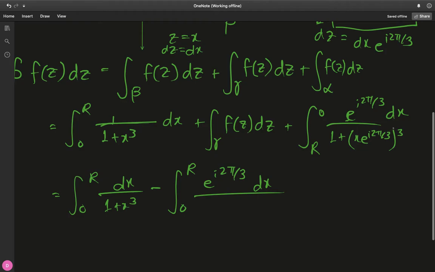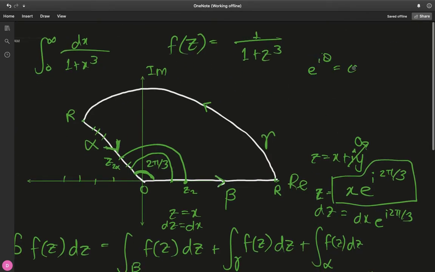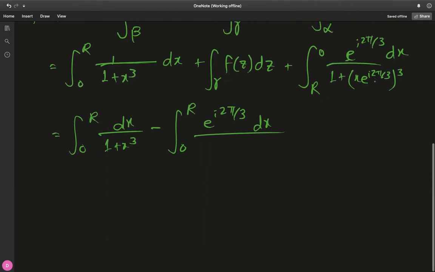The 3's will cancel out in the numerator and denominator, giving us e to the I 2 pi, which is 1, because e to the I theta is cosine theta plus I sine theta. When you let theta equal 2 pi, you have cosine 2 pi, which is 1, and sine 2 pi, which is 0. So you have 1, so 1 plus x cubed. Plus we still have the integral over gamma of f of z dz.